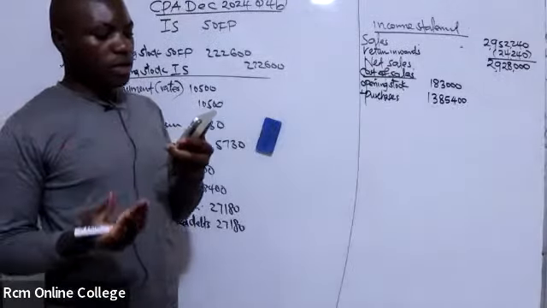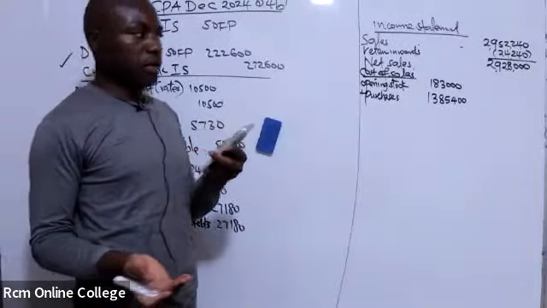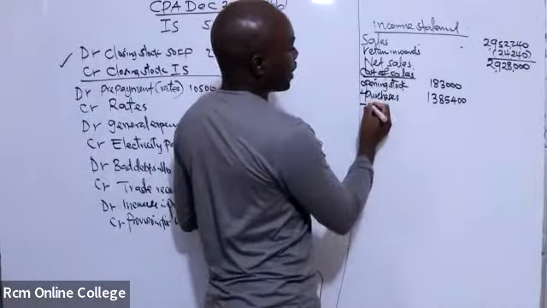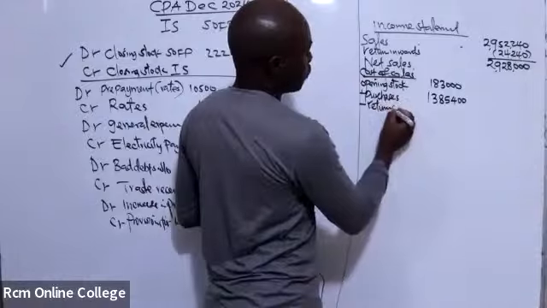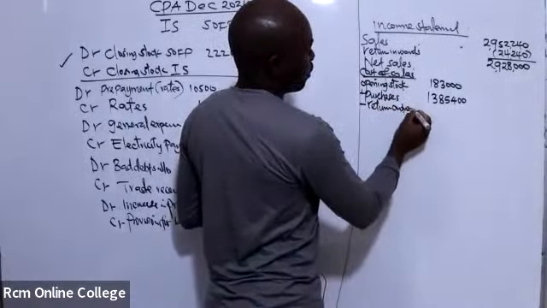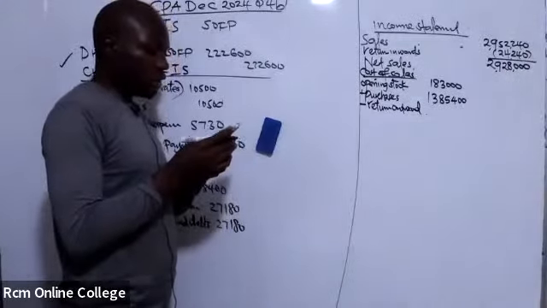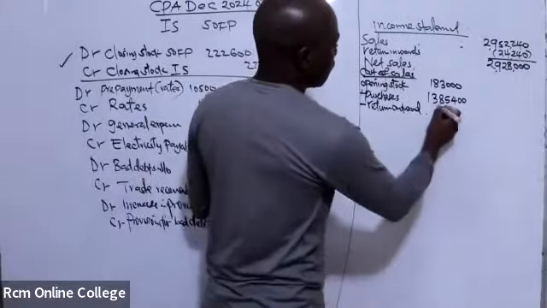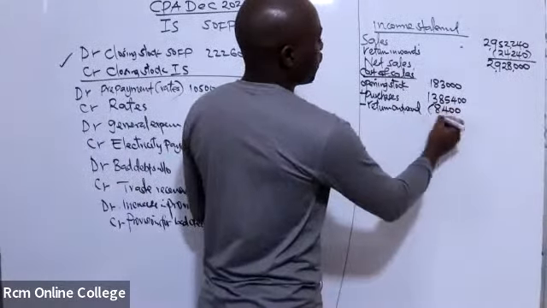Carriage inward is the cost incurred to transport goods to the company, right? If you don't have carriage inward, then you need to less returns outwards. You made purchases, but you returned goods to your supplier. So returns outwards is 8,400. That should be deducted.